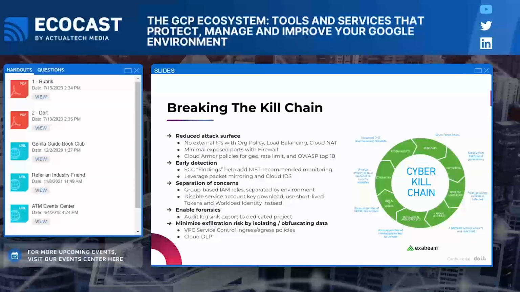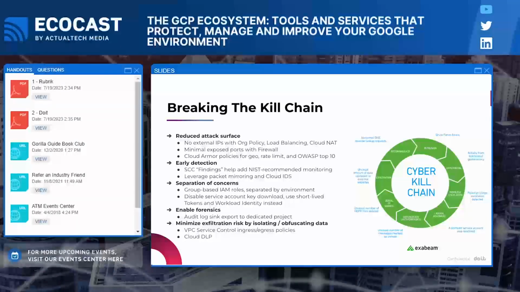But assume that a bad actor got all the way through all of those layers of security and they were trying to exfiltrate data. You can also leverage VPC Service Controls and their ingress and egress policies to specifically allow certain methods and operations on each of those data resources only for the services that should have access to them.